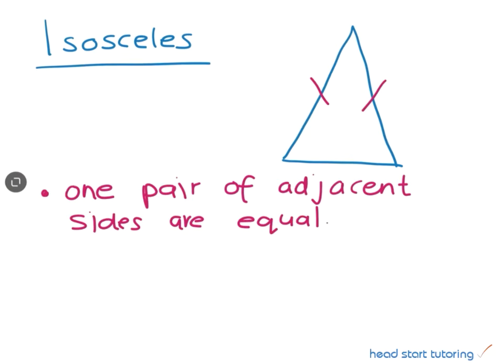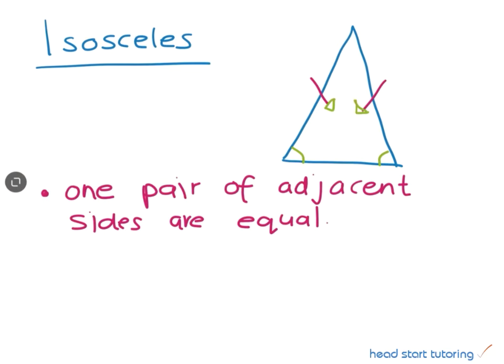Right, so one pair of adjacent sides is equal, and we can even use these lines just to remind us that it's the base angles that are equal to each other. So that's just a little trick that you can use.